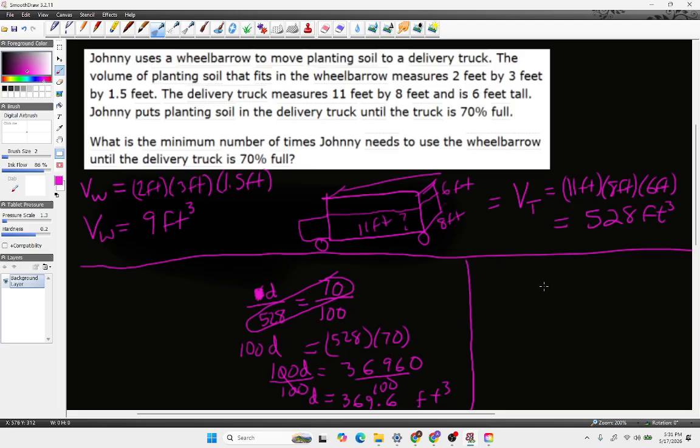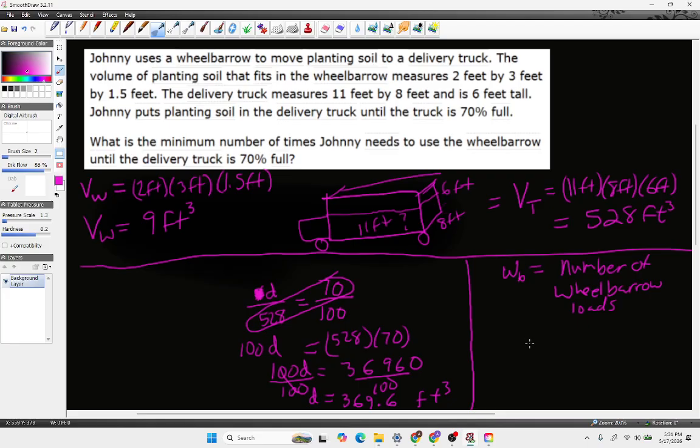So we know that it needs to equal a total of, let's say, we'll say W with a little b, that's going to be the number of wheelbarrow loads, okay?